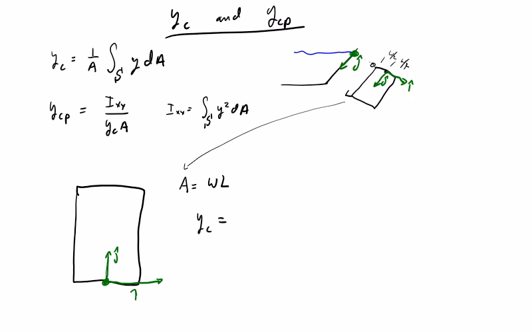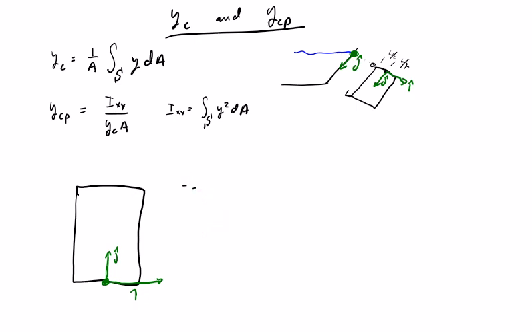So let's talk about the centroid. YC equals 1 over A times the integral over the surface of Y dA. I'm going to move this to make room to do other stuff, and I'm going to erase the area, assuming everyone will remember what the area is. Please remember the area.